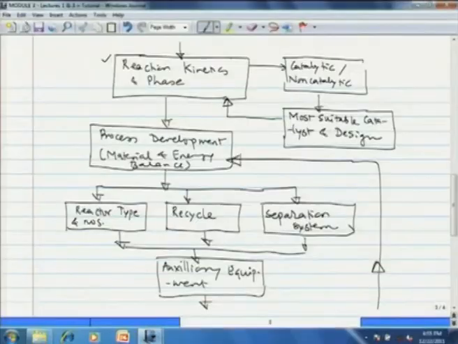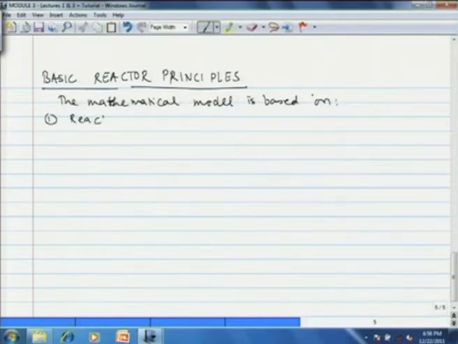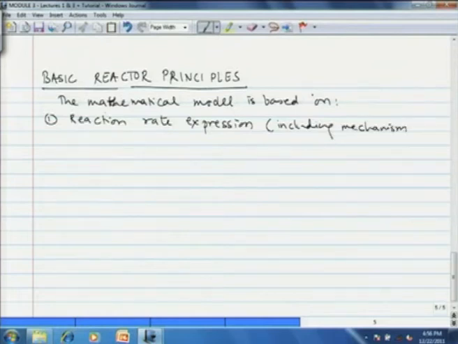Now, having said this, we shall now see some basic reactor principles. The basic mathematical model for the reactor is developed using following considerations. The mathematical model is based on, first, the reaction rate expressions, which should include the mechanism definition, and also the temperature functionality.